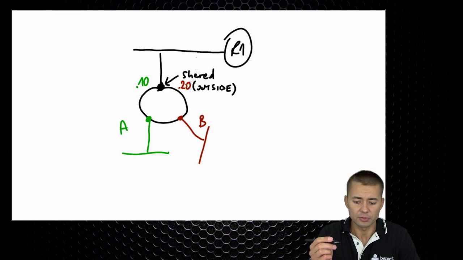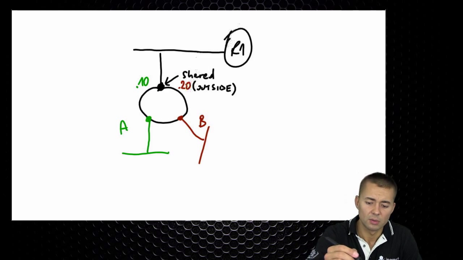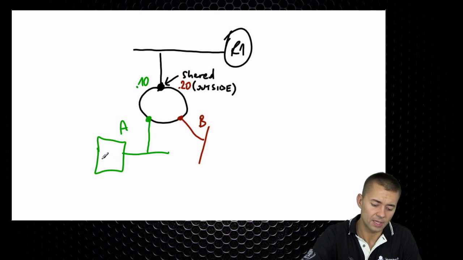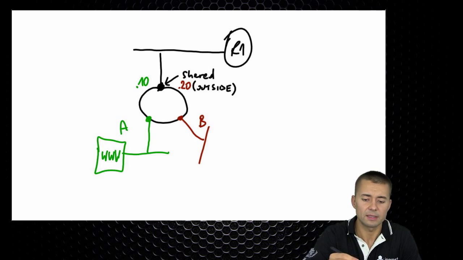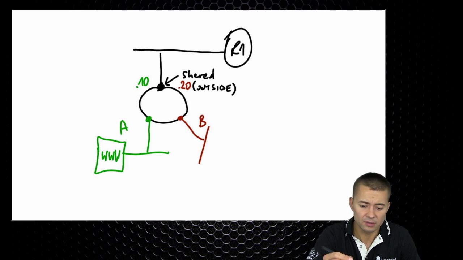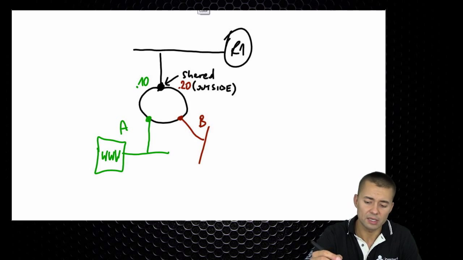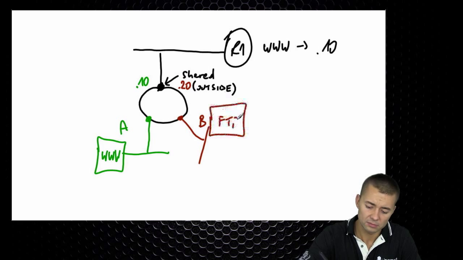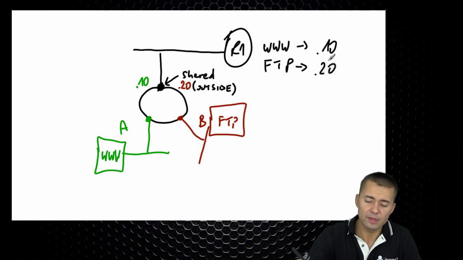But when you think about this setup, when router 1 wants to send a packet to a server that is part of context A, it is obviously going to have a route in its routing table that says to get to this guy, I will be sending packets to that IP address. Now if we had another server, let's say FTP, at layer 3 everything looks good.